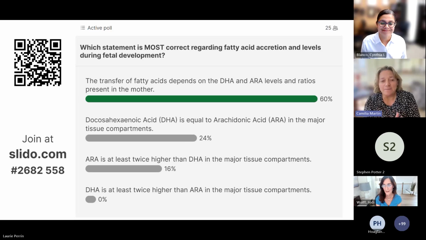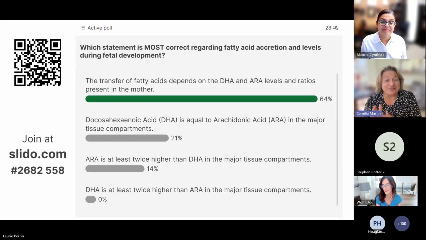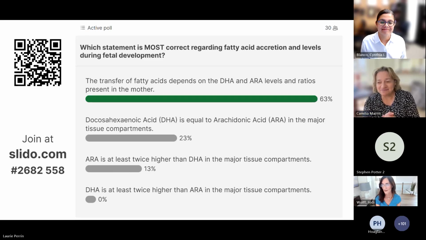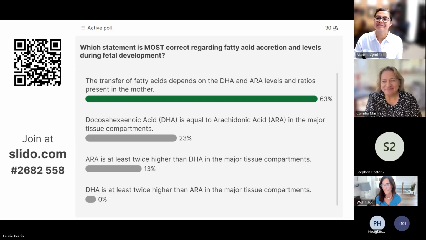So we want the most correct answer here. I can see that we almost have 100 participants, which is fantastic. So I want to get a quorum, a majority, before we go into the explanation. We're at 30. I know there's more.